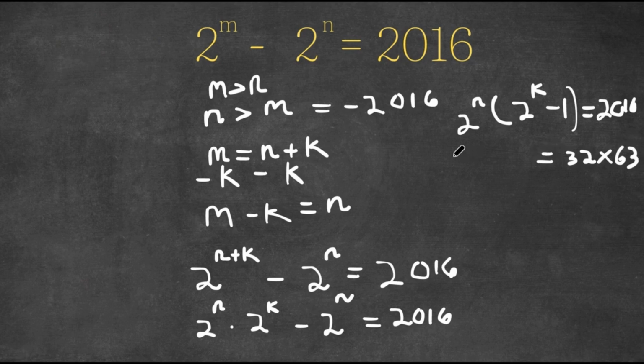So now we have 2 to the power of n times 2 to the power of k minus 1 is equal to 32 times 63. And now 2 to the power of n is going to be an even number because 2 to the power of anything is going to be even. And 2 to the power of k minus 1, well, that's going to be odd.